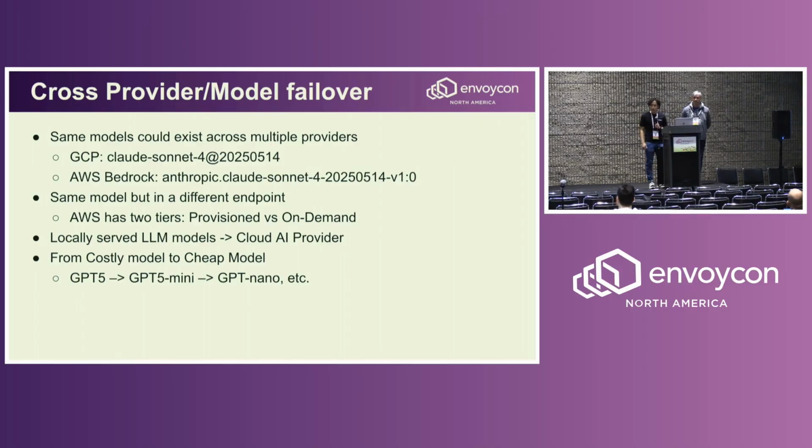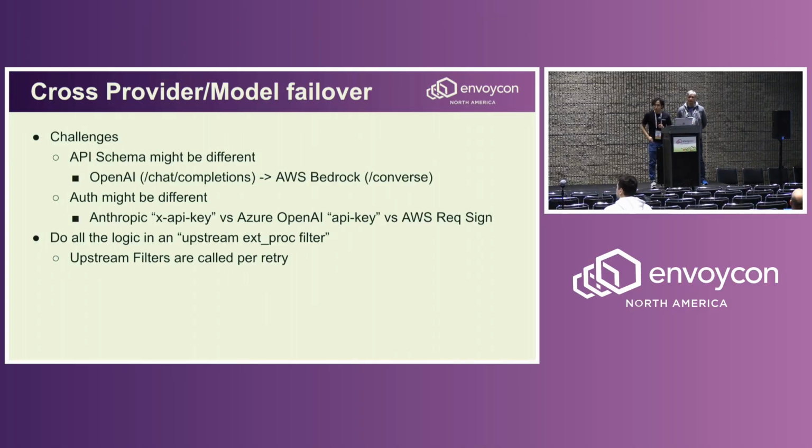So these are the examples, but why are they different from traditional failover use cases? The challenge is that the API schema might be different. AWS Bedrock has an API called Converse, which is equivalent to the chat completions API in OpenAI, but they have completely different API formats. So you have to do the request body conversion on the retry path.